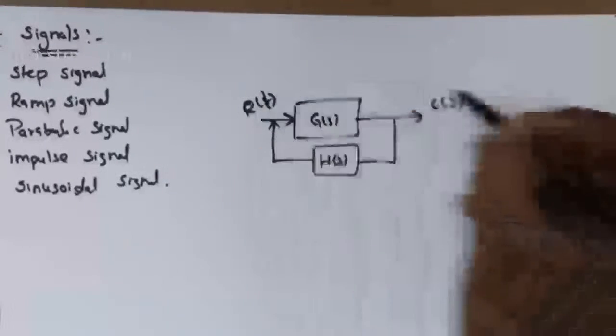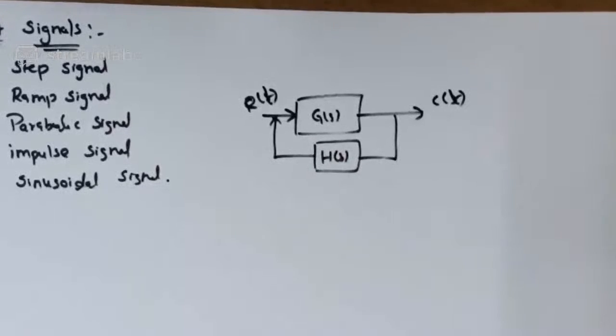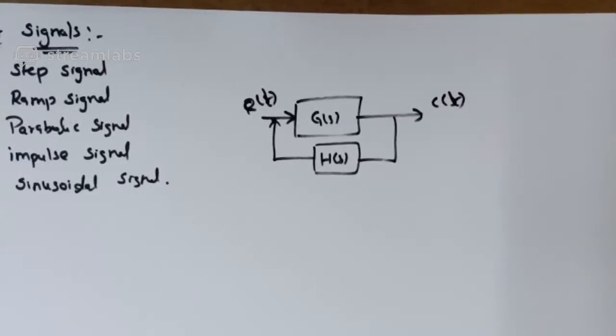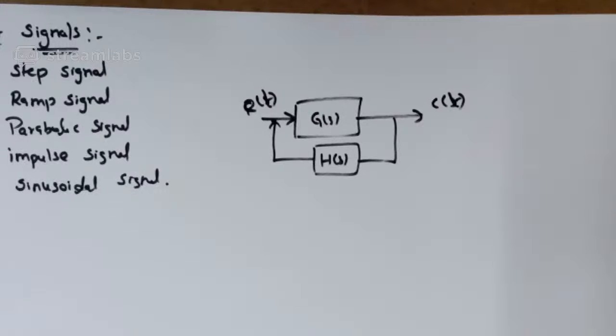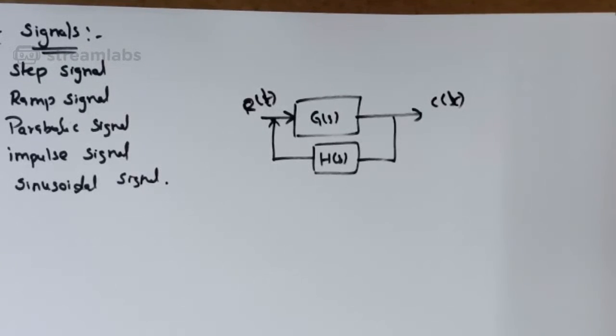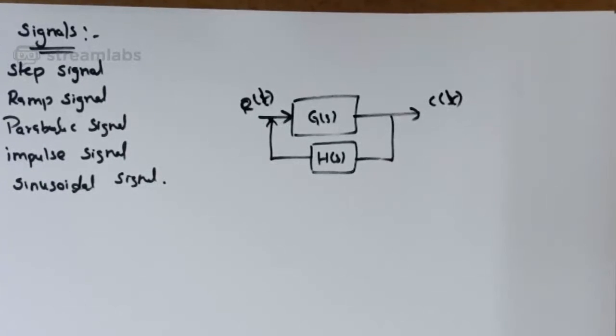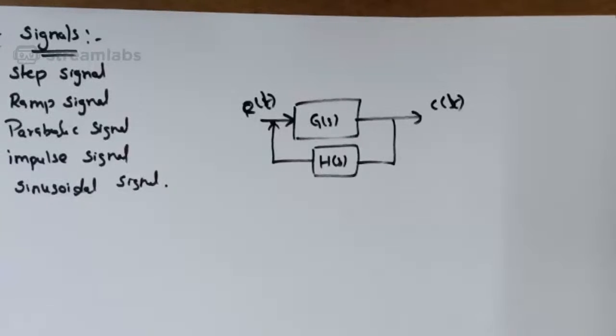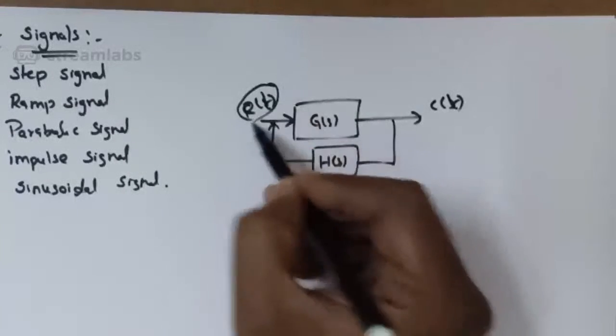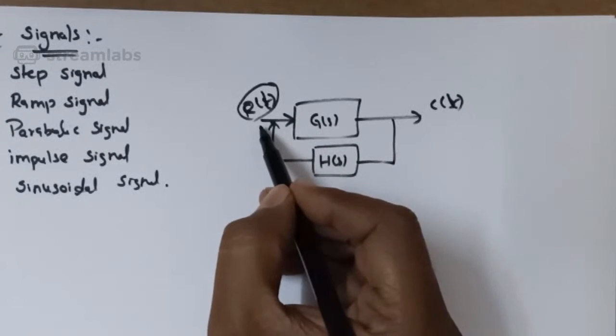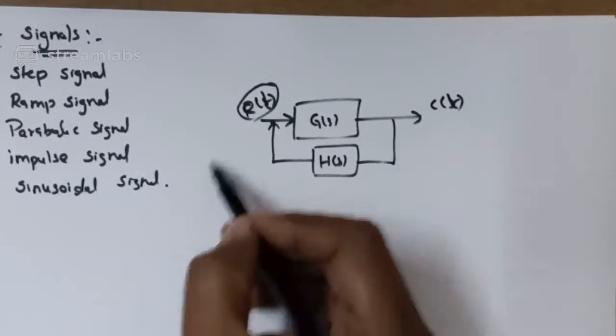By taking the Laplace transform and inverse Laplace, we convert it from the s domain to the t domain. So this is R of t. R of t is the input of the system, C of t is the output of the system, and H of s is the feedback signal.